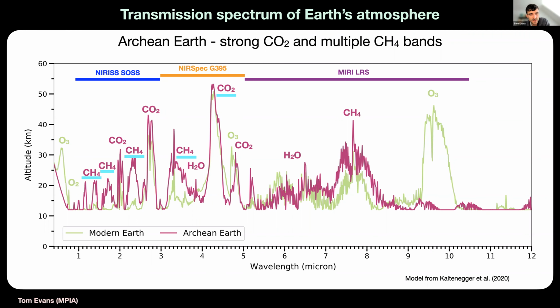And what's more, NIRSpec has the dispersive prism that can cover the full 1 to 5 micron wavelength range in a single shot. So with a single transit observation, the NIRSpec prism would cover the strongest carbon dioxide bands and multiple methane bands. So perhaps it could be used to efficiently search for the biosignature pair of carbon dioxide and methane.